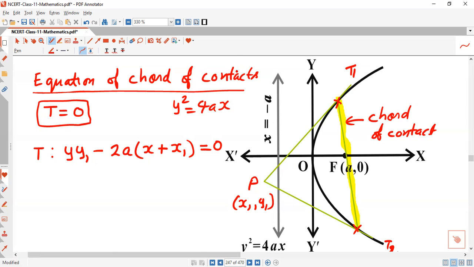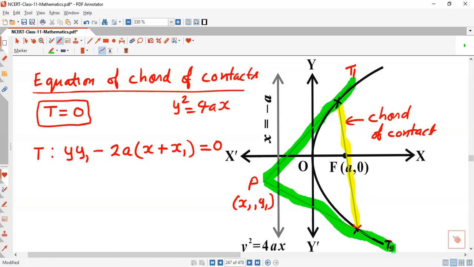Similarly, I would like to write down the equation of this pair of tangents. Pair of tangents means, let's take the marker and show you in another color below, this is the pair of tangents, T1 and T2.